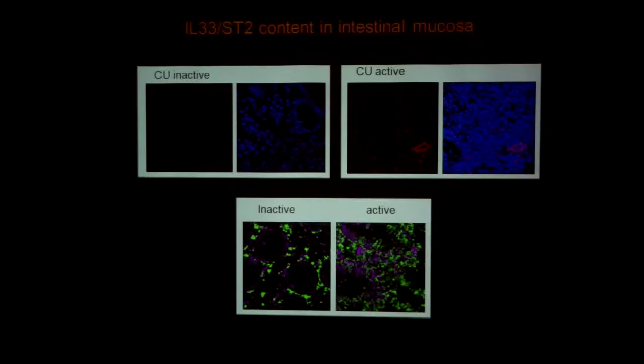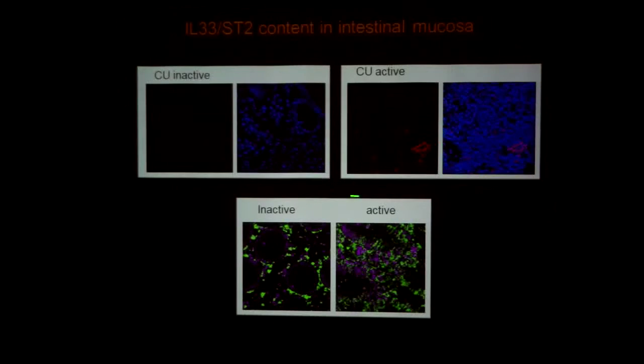So we saw that the expression levels of the cytokine and of the receptor in the intestinal mucosa change with the activity state of the patient. This corresponds to immunohistochemistry of IL-33 in the top panel of ulcerative colitis, inactive and active.